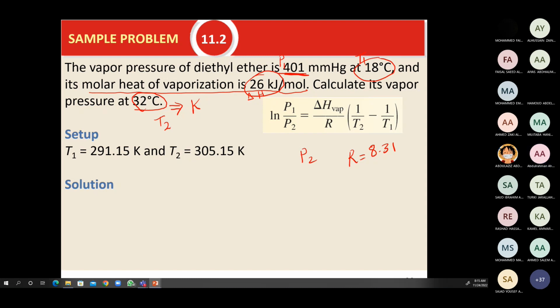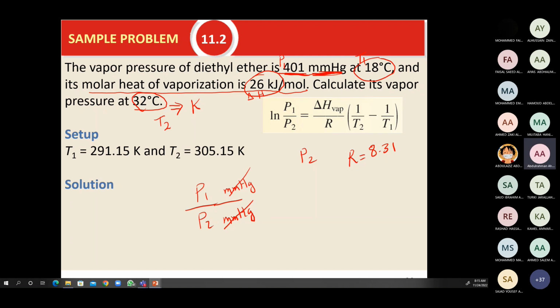Pressure must be in atmosphere, or should I keep it? It is the same, because it's P over P, so the units cancel each other. If this is millimeter Hg and this one is millimeter Hg, they cancel.